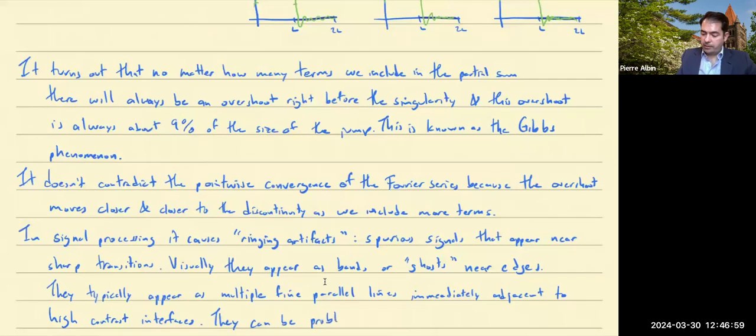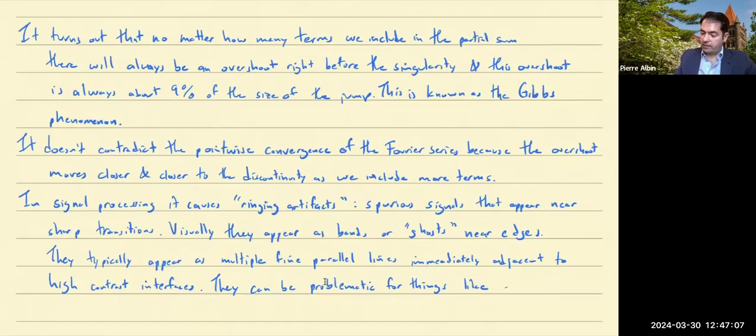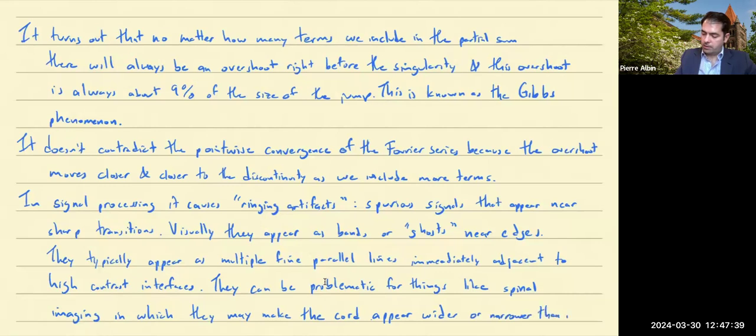It can be problematic for things like spinal imaging, in which they may make the spinal cord appear wider or narrower than it really is.